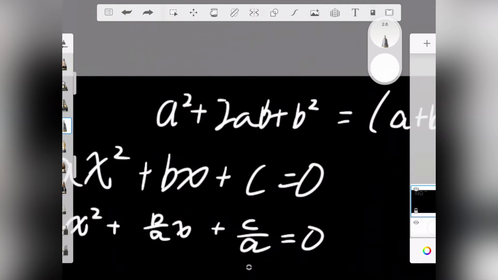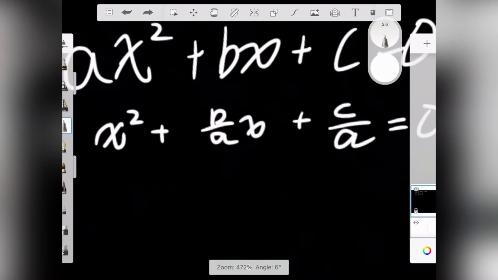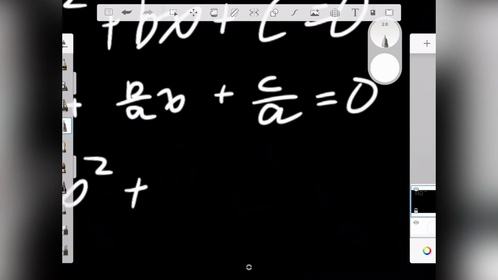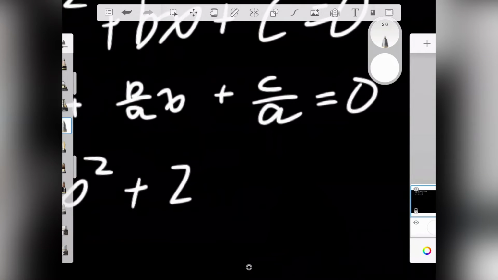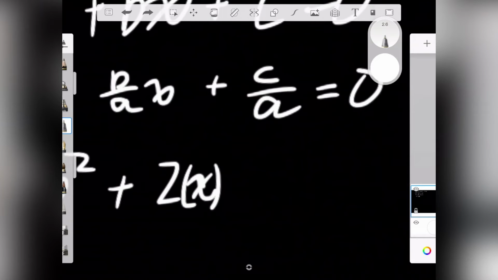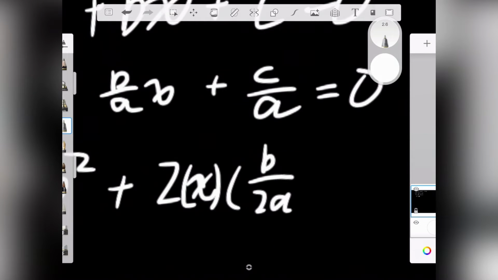So you get x squared plus 2, we remember it has the coefficient of 2, and with the x. Now since we added a 2, let's divide by another 2, so you'll get b divided by 2a.